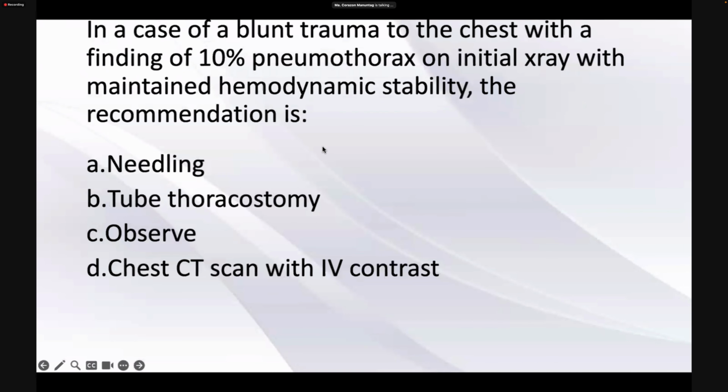In a case of blunt trauma to the chest with a finding of 10% pneumothorax on initial X-ray with maintained hemodynamic stability, so a stable patient with a chest X-ray finding of 10% pneumothorax in a setting of blunt trauma, what should we do? We need to just observe. 10%.